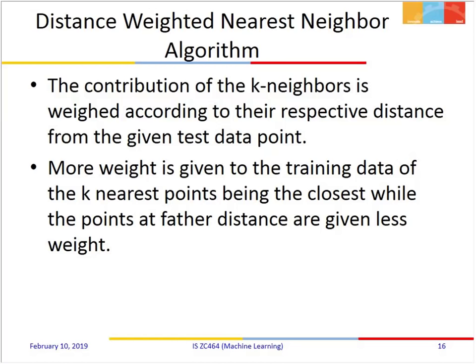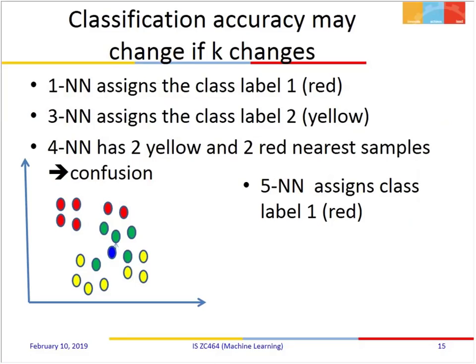As we saw in the previous example where I have taken 5 NN, you can see that there are these 5 points which I have marked as green being very close to the blue point. So even though there are 2 different points belonging to the yellow class, their overall distance is not far away as compared to the total sum of the distances of the 3 points in the red class.